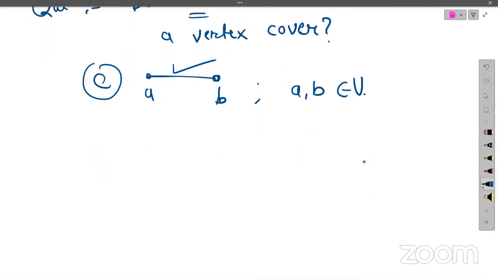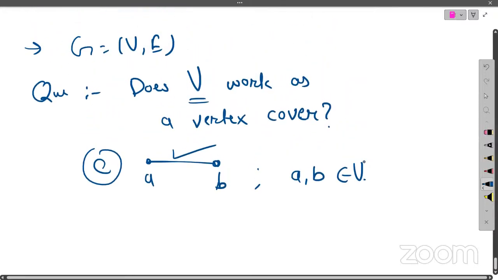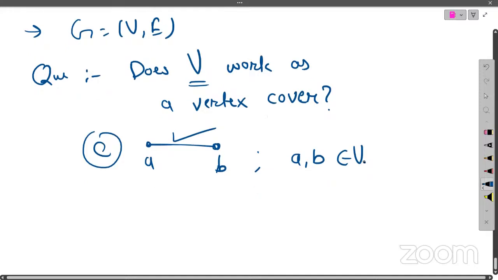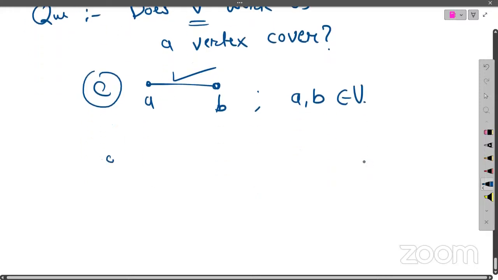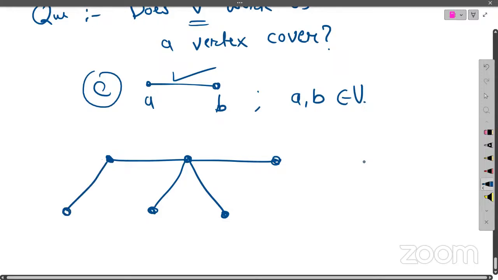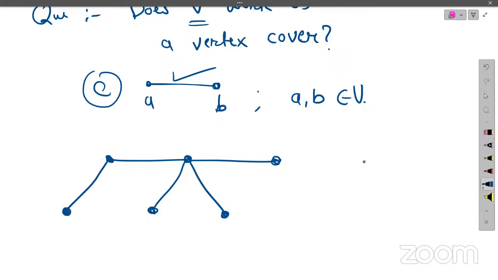So now the question is, what is the minimum possible vertex cover? There are algorithms to find the minimum possible vertex cover, but here we just have to use our intuition. For example, in the previous graph, we have to find the minimum number of vertices we can use to form a vertex cover.